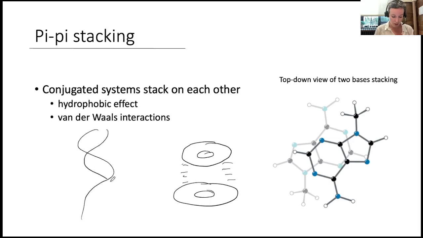I am not good at drawing, so please forgive me. Happening on the inside of that DNA, hidden away from the water, minimizing contacts with water, and therefore increasing the entropy of water. So that is the second type of interaction happening in DNA, and it's occurring down through the middle of those bases that stack on top of each other inside of that DNA helix.